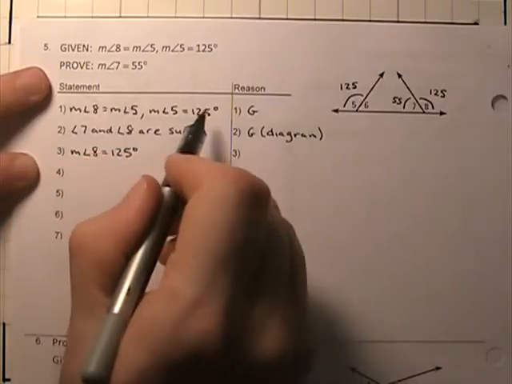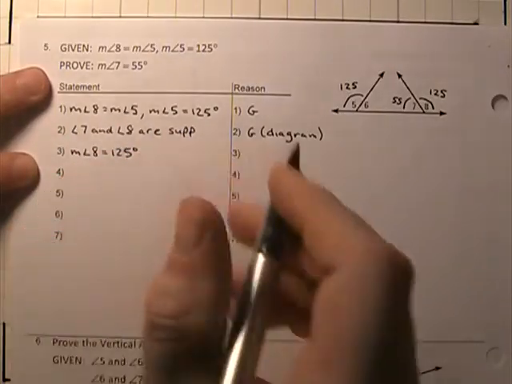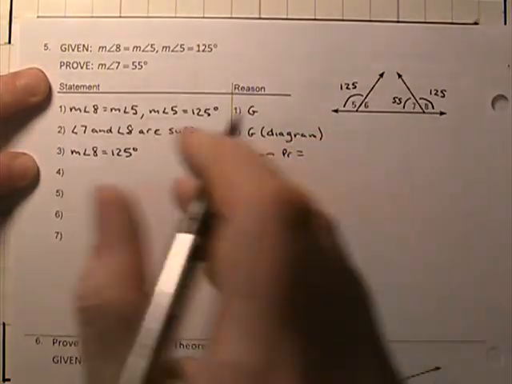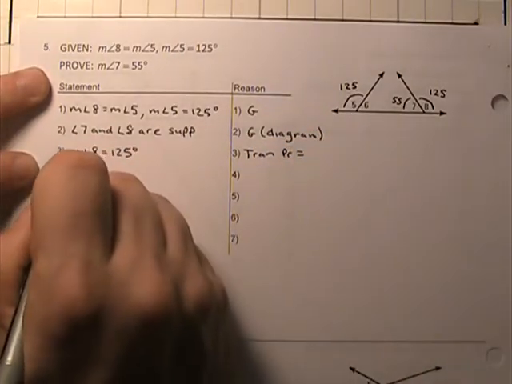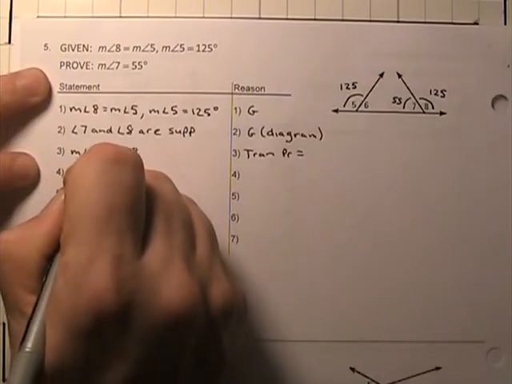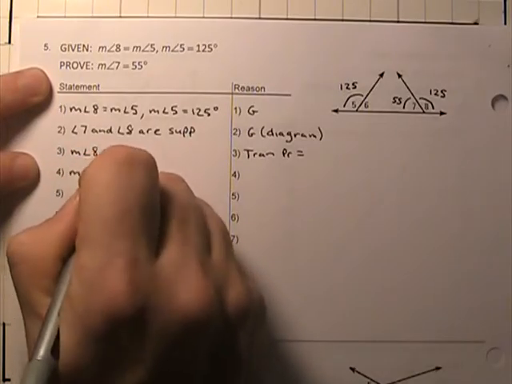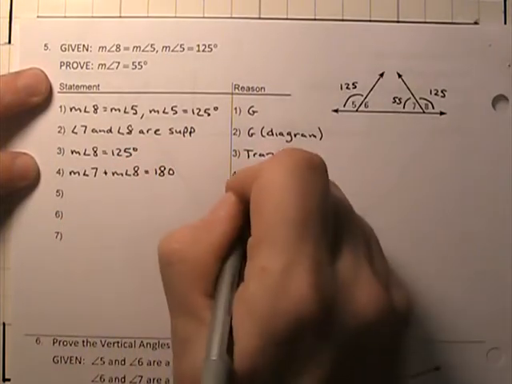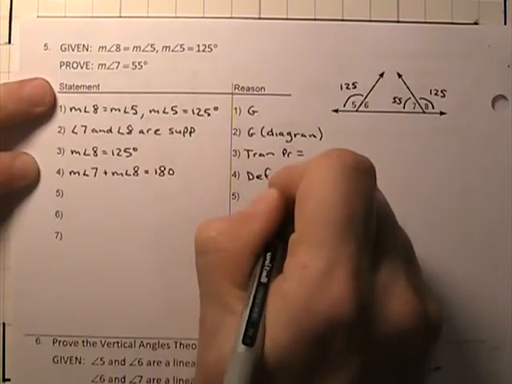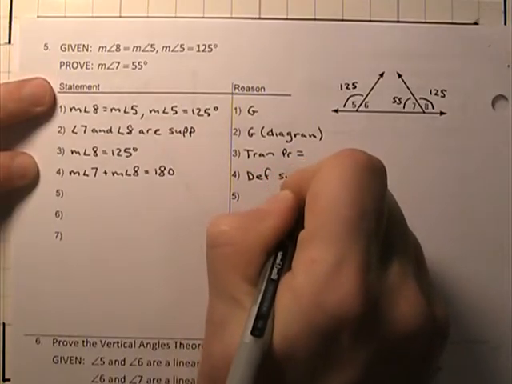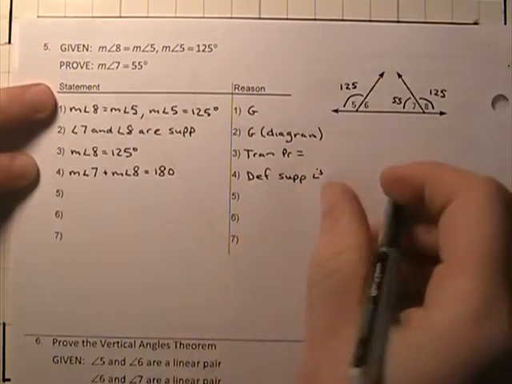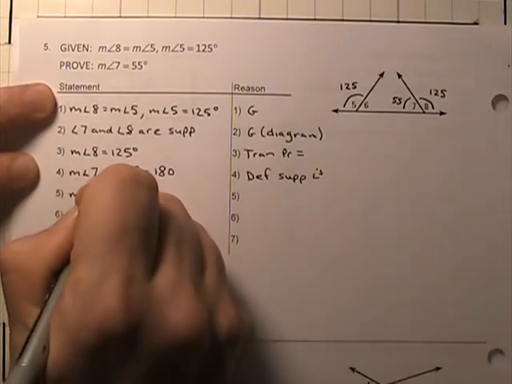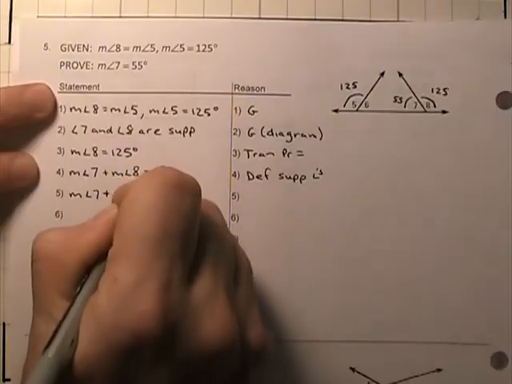If A equals B and B equals C, then A equals C. That's the transitive property of equality. And we already said we could add these up, so the measure of angle 7 plus the measure of angle 8 equals 180. That's the definition of supplementary angles. And we can substitute in: measure of angle 7 plus 125 equals 180.